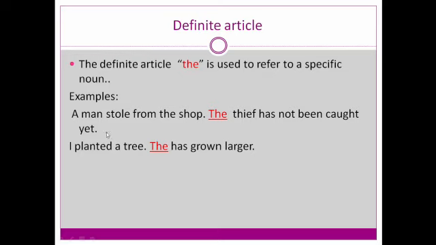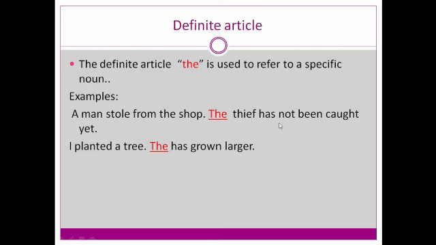If you watch these examples very carefully, you can understand the definite article. First one: a man stole from the shop. The thief has not been caught yet. Here a man stole money from the shop.